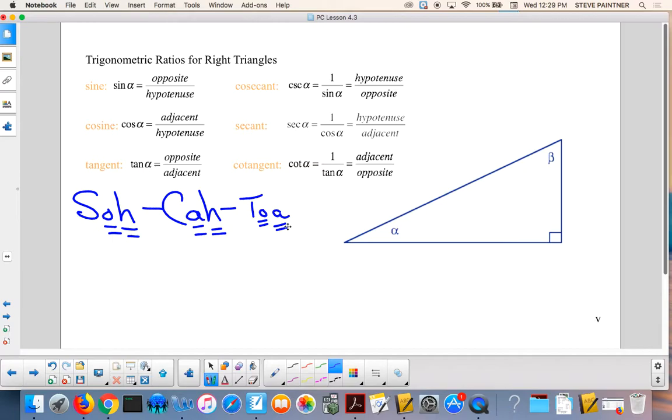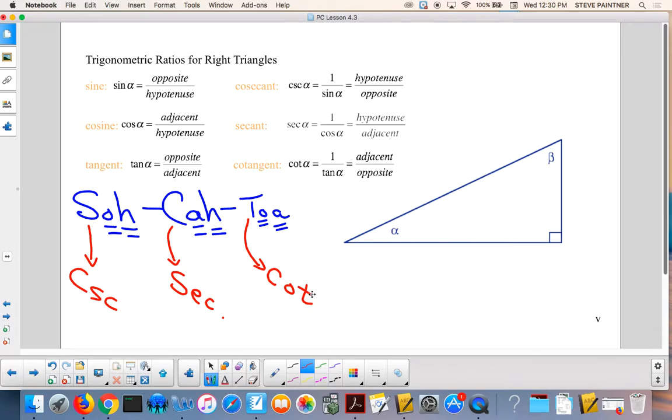The other thing I think you should write down: what's the reciprocal function to sine? Cosecant. I would abbreviate it like this. What reciprocal function is this going to be? Secant. Abbreviate it like this. And this is cotangent.